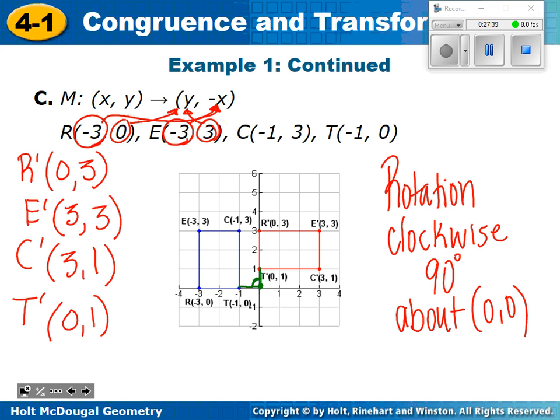So if we did the counterclockwise one more time, 270, X, Y arrow. We switched them once and changed the sign on the left. We switched them again and changed the sign on the left. We would do it a third time, negative Y, negative X, but we would change the sign on the left so that it's positive Y, negative X. And do you see that you get the same thing as the 90 clockwise?